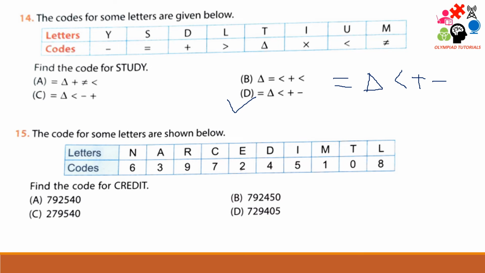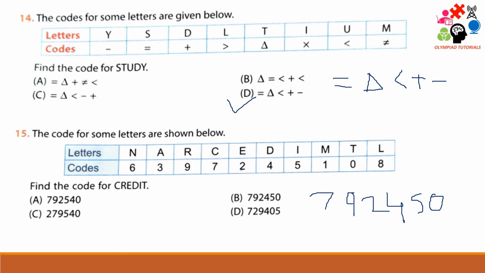Very easy question. Question number 15, the code for same language, some letters are given below, and find the code for credit. So C is 7, R is 9, E is 2, D is 4, I is 5, and T is 0.